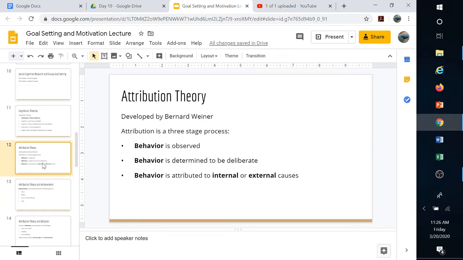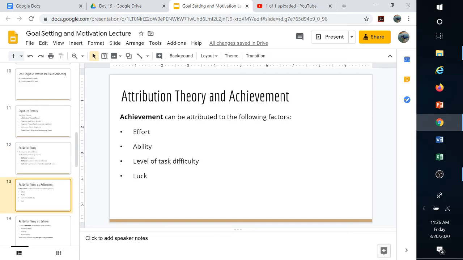Are you attributing it to your behavior? Are you attributing it to your effort, your ability, or the level of task difficulty? Was it too hard for you? Was it way too easy and maybe you weren't motivated because of that? Or do you just think that it's attributed to luck? Were you just lucky?